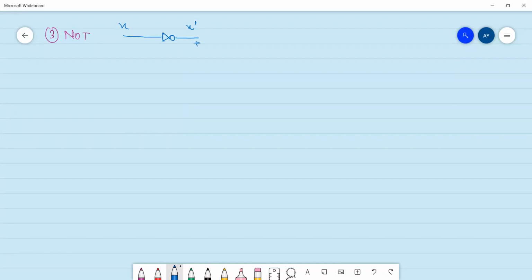So what will be the truth table for this? You'll have just two elements, that is X and F, that is 1 0 and 0 1. This is what the truth table of NOT is. And what is the Boolean formula for this? F equals to X dash.